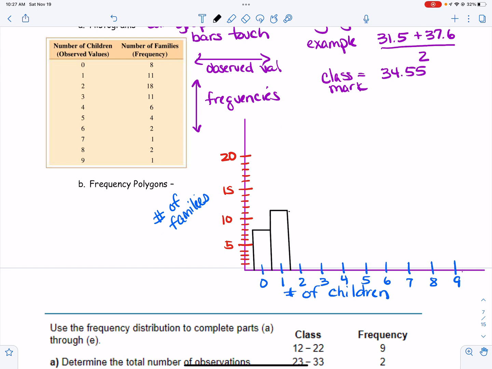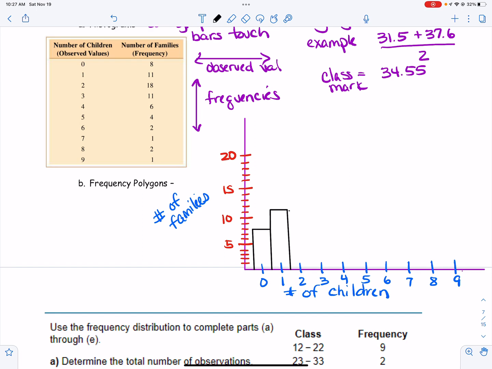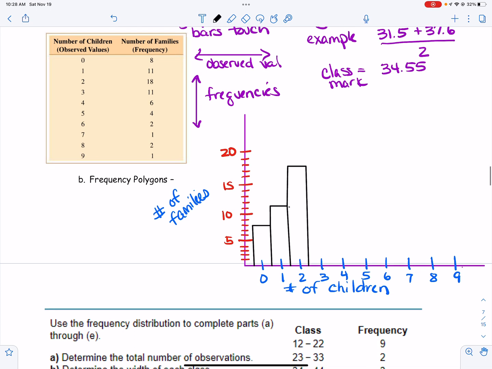And then there were 18 families that had 2. And then there were 11 that had 3. And there were 6 that had 4. And there were 4 that had 5.